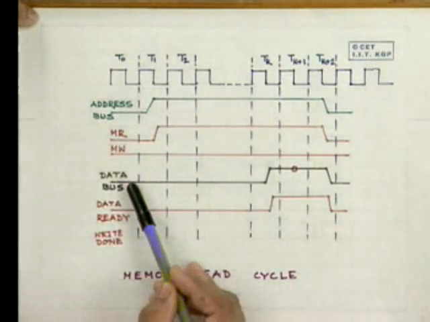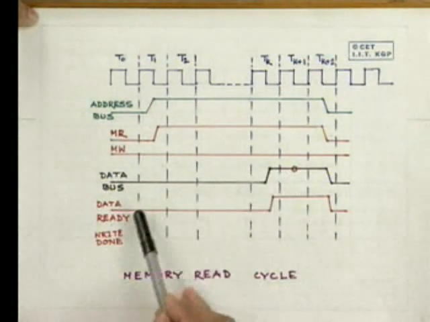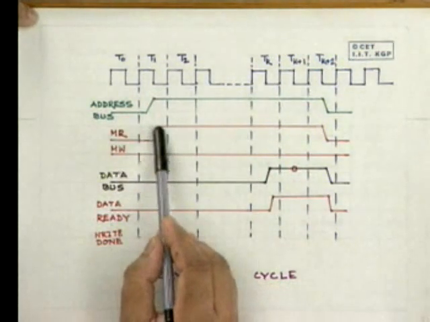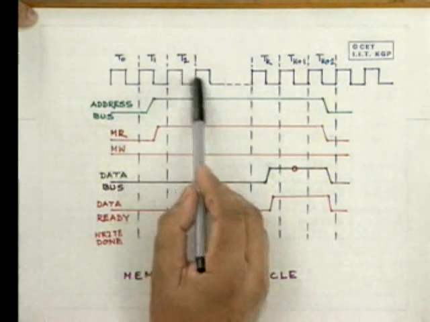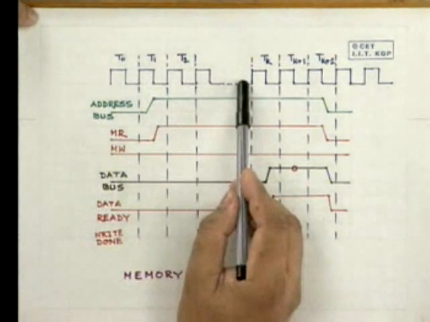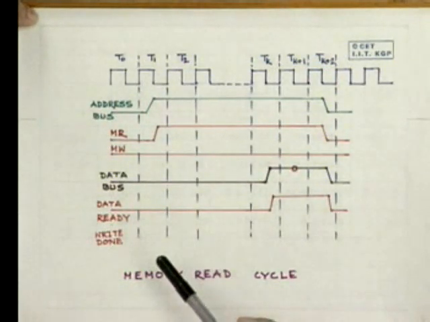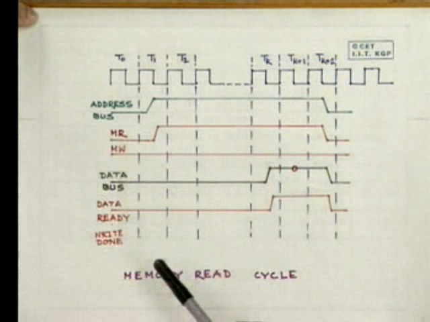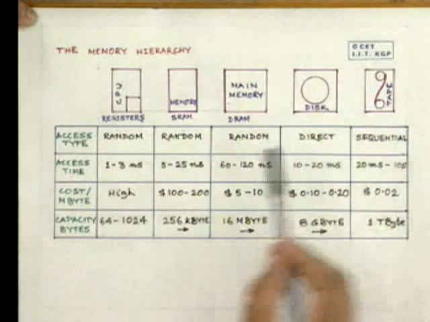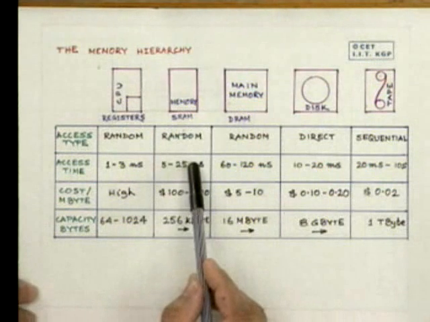But because the memory is pretty slow, the data comes after several cycles, after the memory read request has been put high. The number of cycles depends upon how fast the memory is. The slower the memory, the number of timing states will increase, and therefore the execution time of the program will automatically increase.